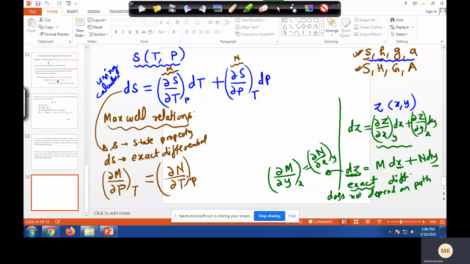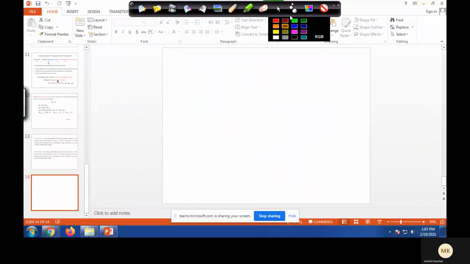That is point number one. What else we have? As we said that we are interested in Maxwell relation, so let's see how it will lead to Maxwell relation. This you can check that this is satisfied here. What you will get is dou square S by dou P dou T, and on the right hand side also dou square S by dou T dou P. Now let's move to Maxwell relation. What we said, dS, S as a function of T and P, remember.